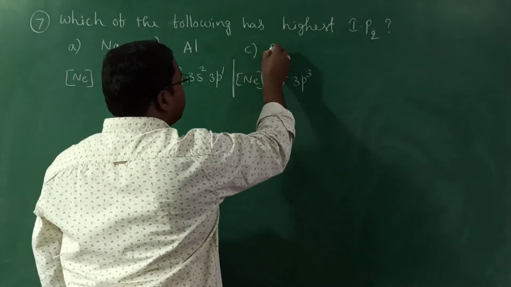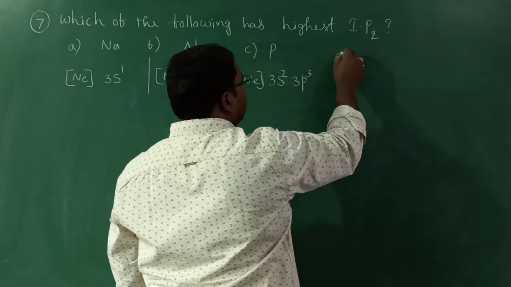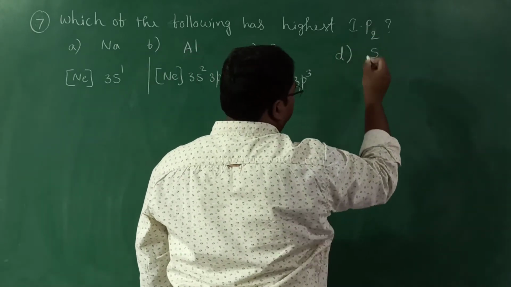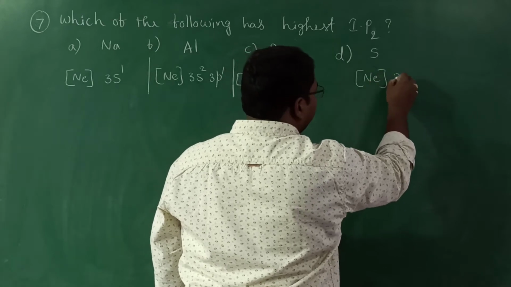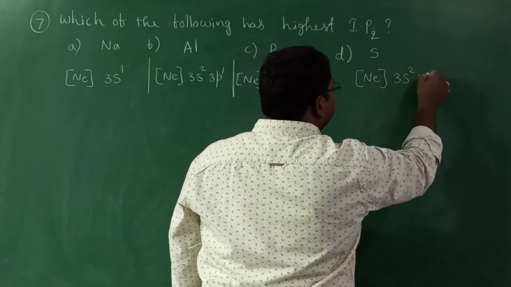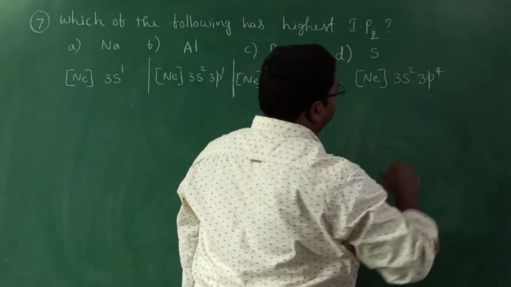This is for phosphorus. Now coming to the fourth option, sulfur. Sulfur has atomic number 16, and its electronic configuration is 3s2, 3p4.